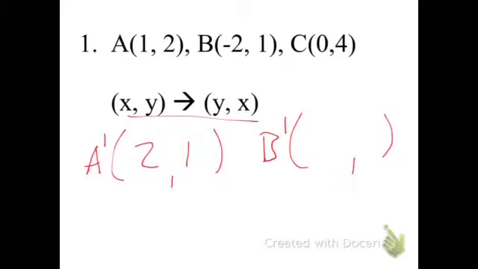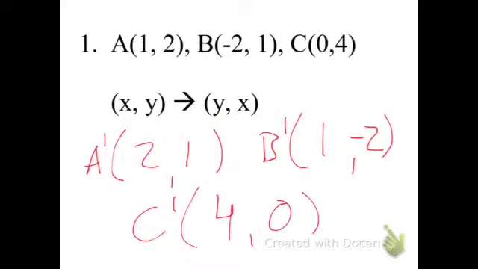My function tells me to switch the order because xy goes to yx. And so I'm going to put 1, negative 2. And then C is currently at 0, 4. I need to switch my order to get 4, 0. That's my new order, and those are my new points.